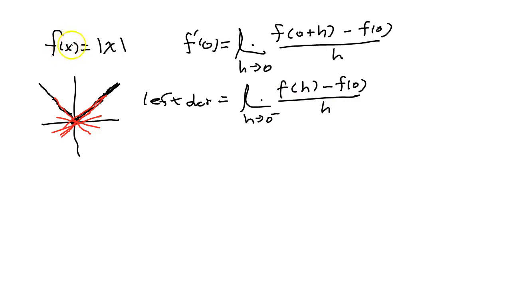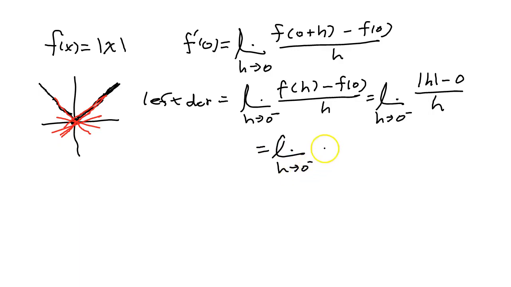That's like replacing x by h. So you have the limit as h goes to 0 minus of the absolute value of h minus the absolute value of 0, which is 0, over h. And therefore you have the limit as h goes to 0 minus of the absolute value of h over h. Okay, we actually did this limit before, but in case you forgot, let me make this argument again. If h is a very small negative value, say negative 0.1, what's the absolute value?